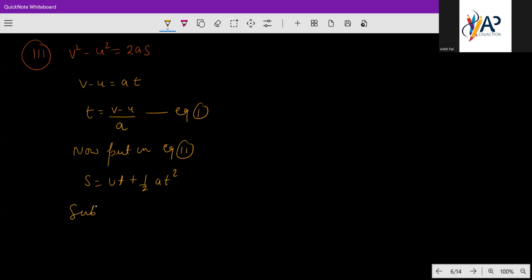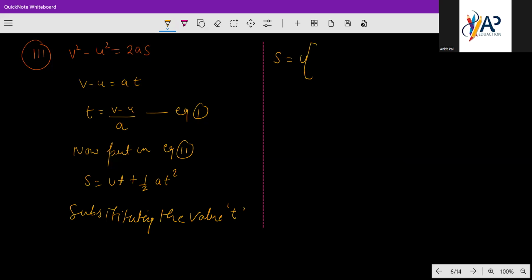Substituting the value of t, we can write s is equals to u, where the t value is v minus u upon a, right?